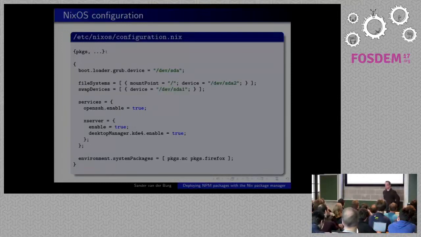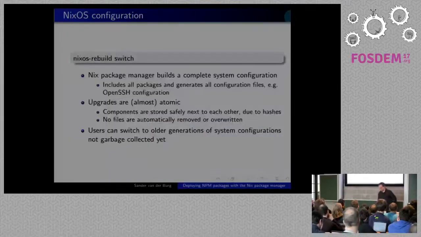As a system service, I want to run OpenSSH, I want the X server running the KDE4 desktop. I can also provide all the end user packages that I want, such as the Firefox web browser and the Midnight Commander. And what you then typically do is you run one single command line instruction, nixos-rebuild switch, for example. What happens is nixos-rebuild switch will deploy the entire machine configuration from scratch.